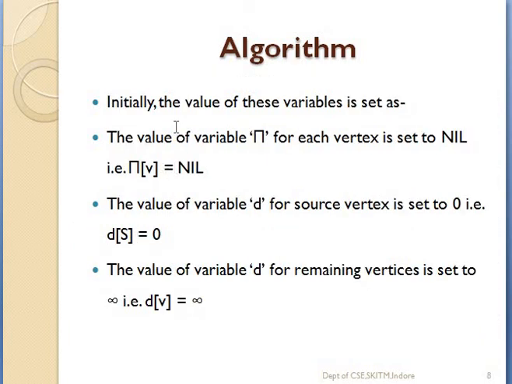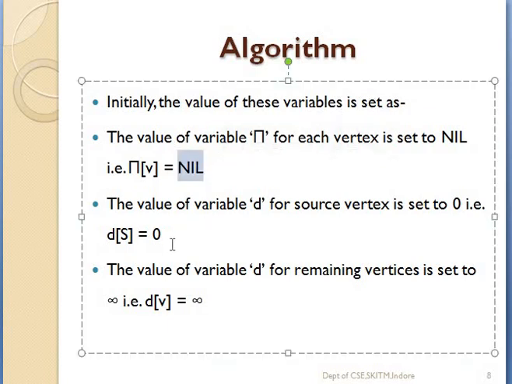Next, initially the value of this variable is set as nil, and the second one is the value of the variable d for the source vertex, which is set to 0, because initially we had not visited any of the cities.